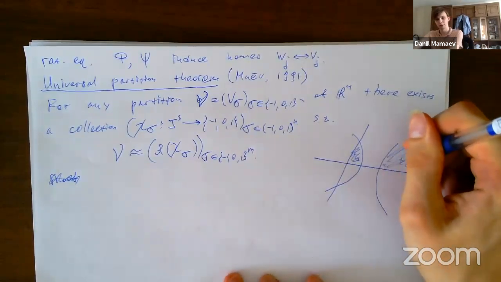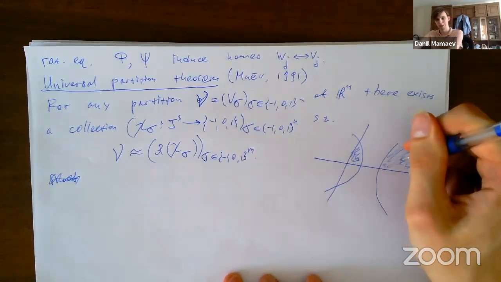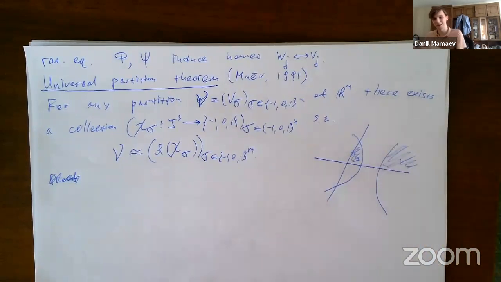So in a partition, it is not like you just draw all the zero sets of polynomials and look at what you get. You can give more complicated pieces that are composed from these ones.